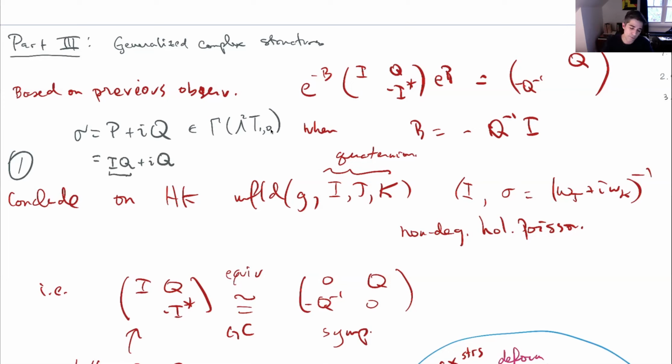So the point is that whenever you have a holomorphic Poisson structure, there are two distinct real Poisson structures underlying it, the real part and the imaginary part. Those are two different real Poisson structures. They have the same rank at every point, but they are different. And they're related by the transformation of the tangent bundle, which is the complex structure itself.